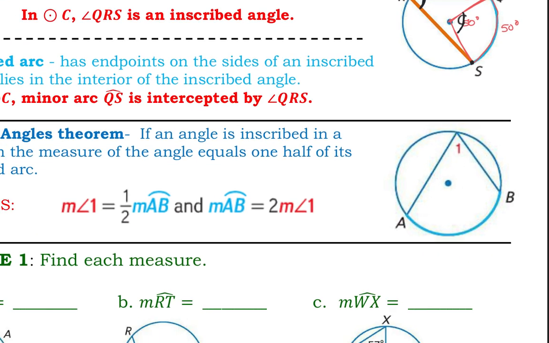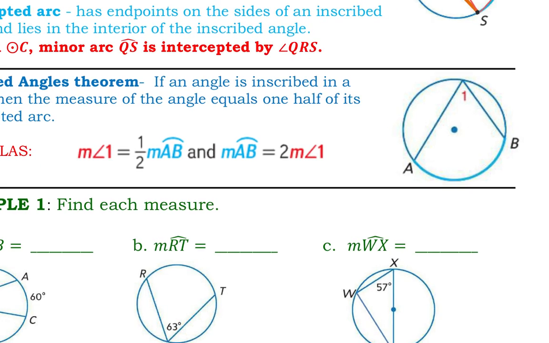For inscribed angles, anytime you're looking for an inscribed angle, so if you're looking for angle 1, this is how you read the formulas. To find angle 1, you're going to take half of the measurement of arc A to B. So here's arc A to B. We're going to take half of that to find angle 1. So if you have the arc and you're trying to find the angle, you're taking half.